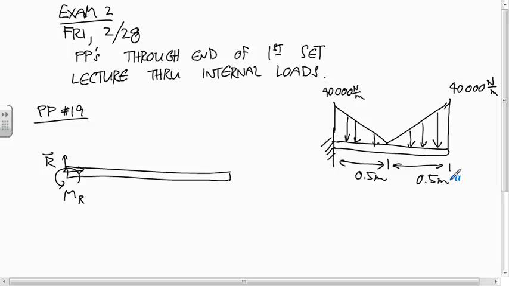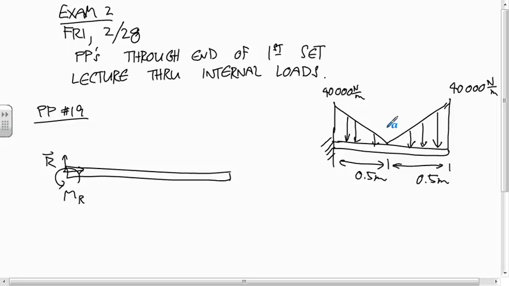Once you choose a body to isolate, the first step is we're going to isolate the whole beam. So now at this point I've chosen this body to isolate. Now the next thing we have to do is represent the distributed load as a point force. Well, what are you really doing when you represent a distributed load as a point force? What kind of calculation is that? What you're trying to do is find the centroid of a shape, right?